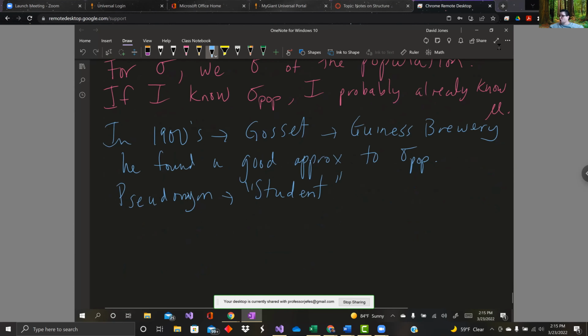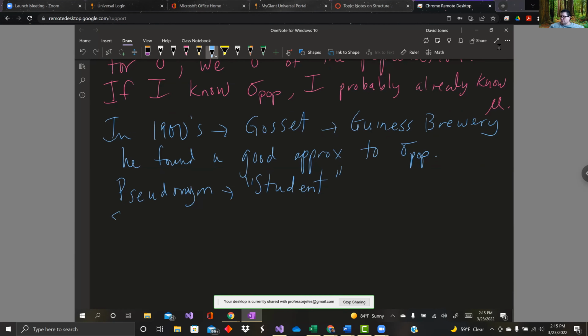And so it's called Student's Distribution. And rather than using sigma, he chose to use T. So it's called Student's T distribution.